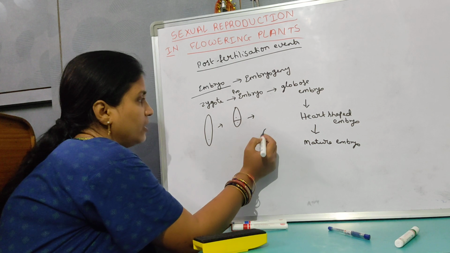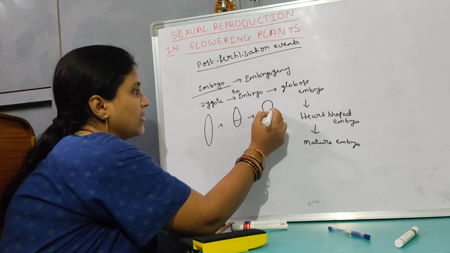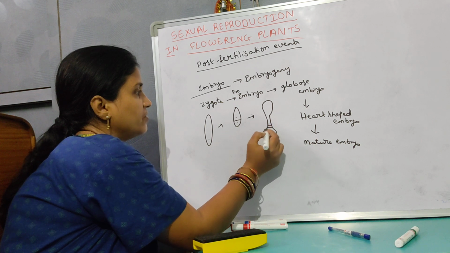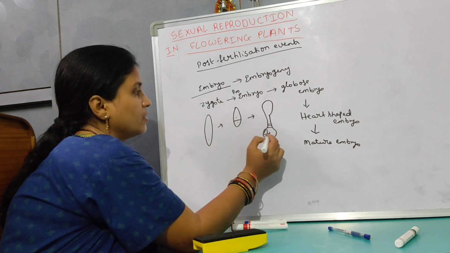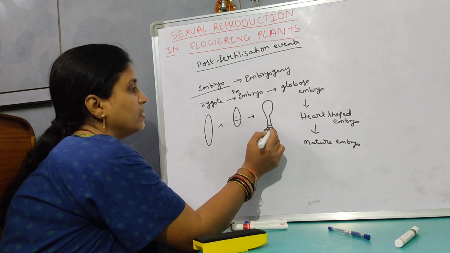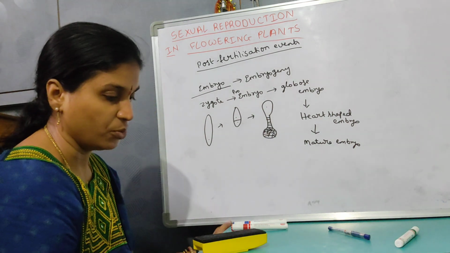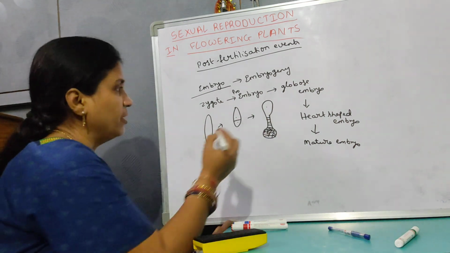Globular embryo means like this. Okay, this is globose embryo.